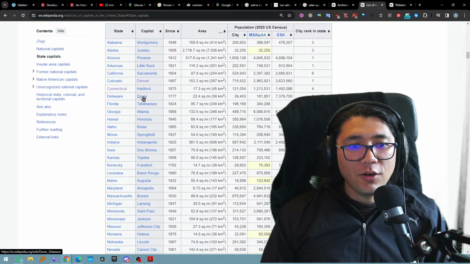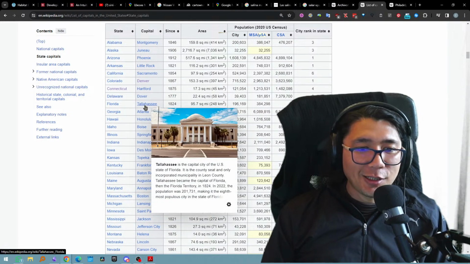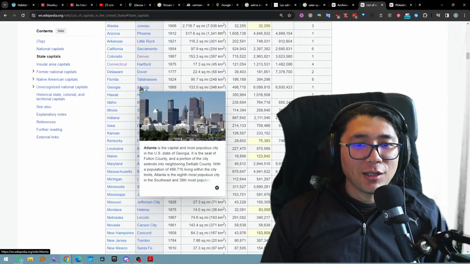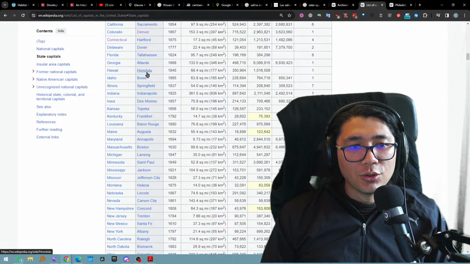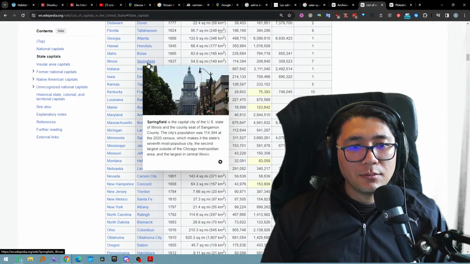Delaware, Dover. Second most. Tallahassee, definitely not. Atlanta, I think this one is. Honolulu, this one could be. Idaho, Boise, I think this could be as well. Springfield. Seventh most populous.